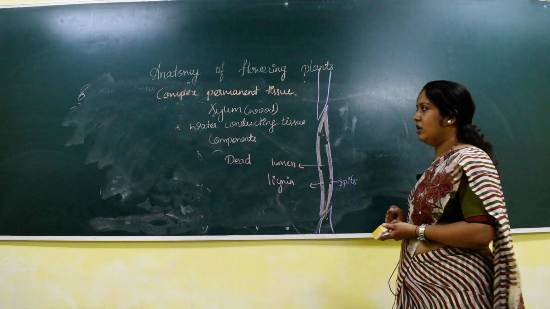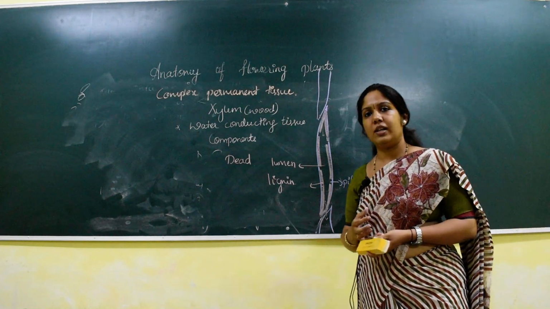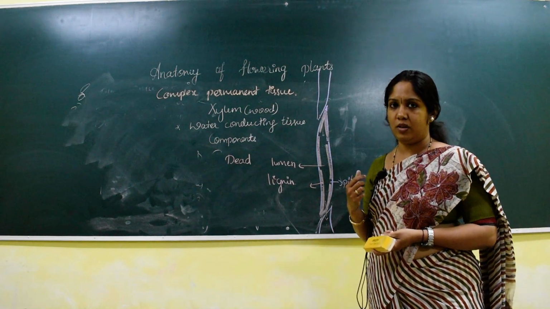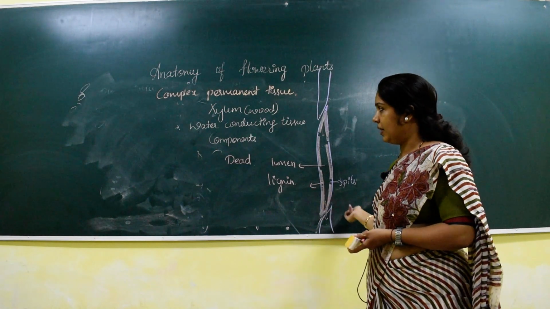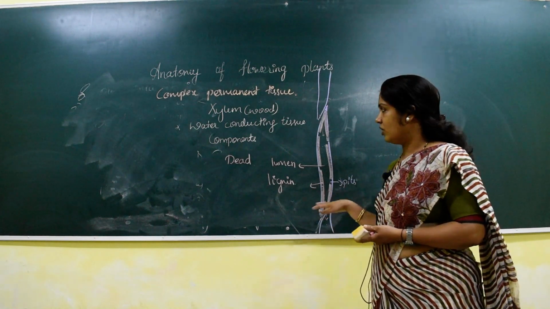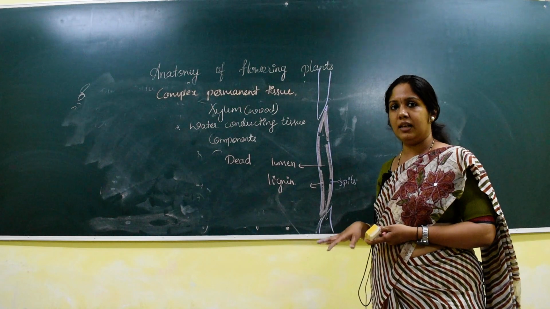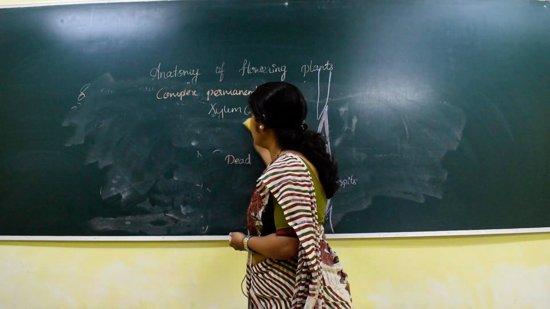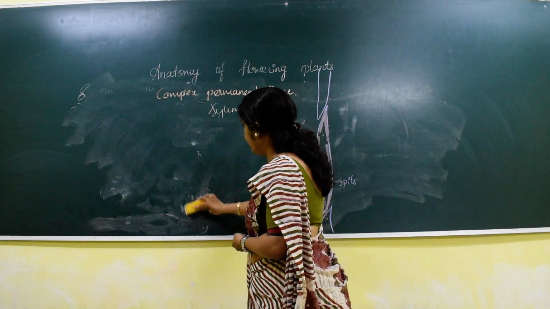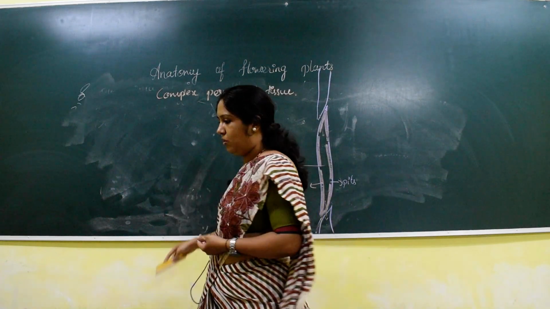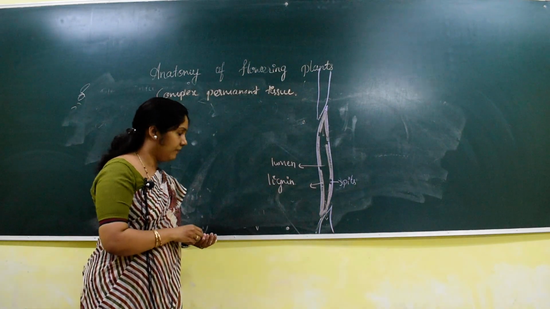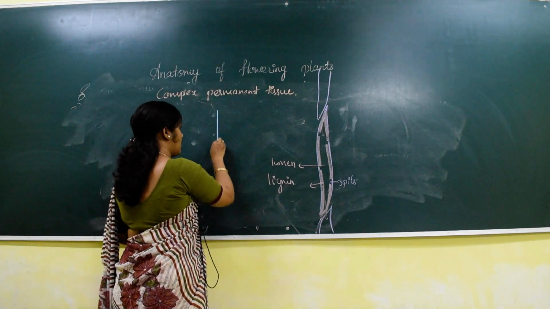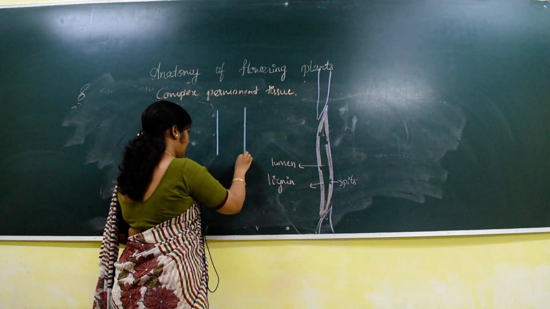Next, based on the deposition of lignin, they are classified into different types, which I'll explain while explaining trachea. This tracheid is mainly seen in gymnosperms as well as in pteridophytes. It is a dead component. Now we'll write the trachea.